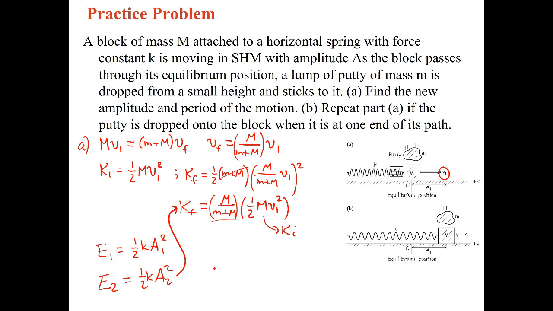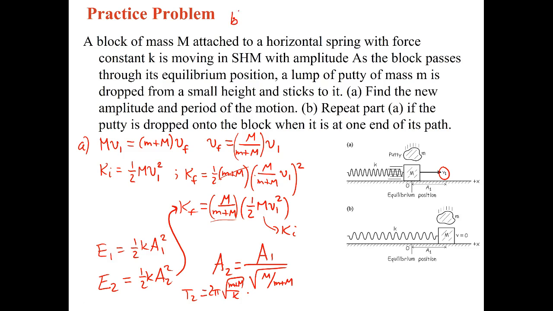And so ultimately what we end up with is that A2 is equal to A1 over root big M over little m plus big M. And from that, we can calculate the period as T2 equal to 2 pi root little m plus big M over k. So total mass over k.